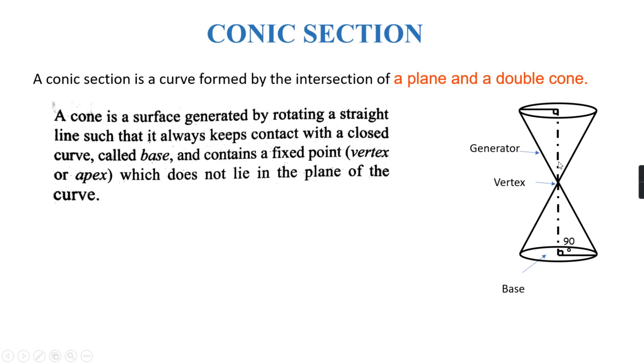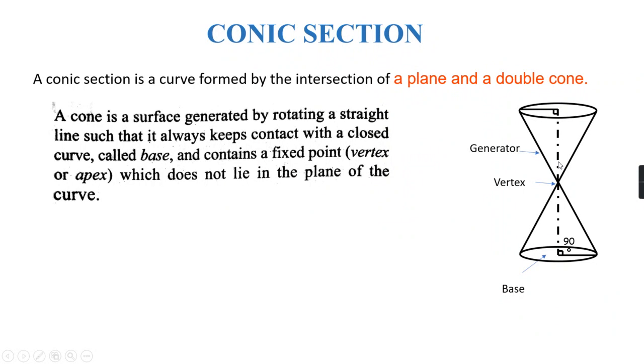So a cone is a surface generated by rotating a straight line such that it always keeps contact with a closed curve called base and contains a fixed point, that is vertex or apex, which does not lie in the plane of the curve.